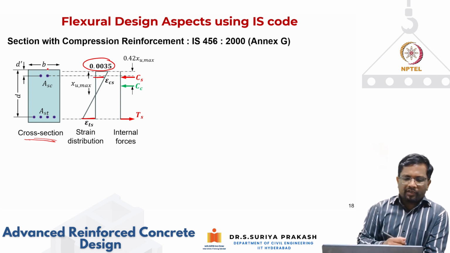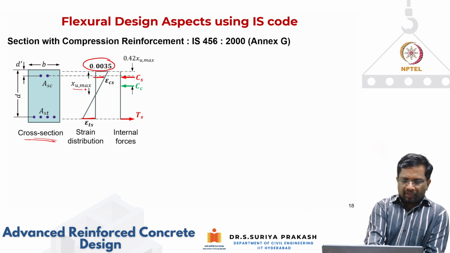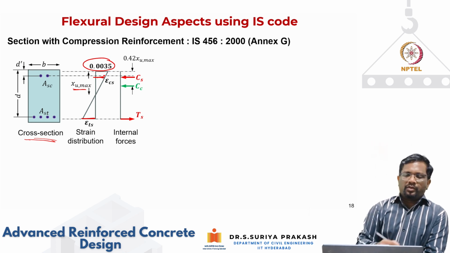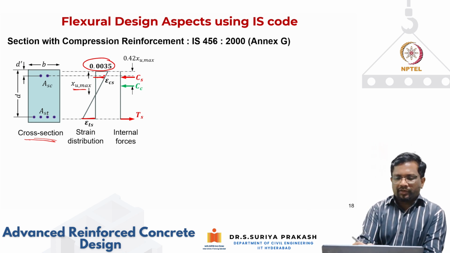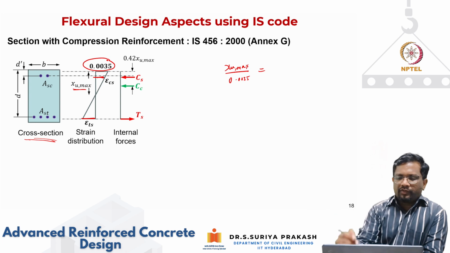Now you see, now that I have put some steel on the compression side at this condition, depending upon the neutral axis depth, I can calculate what is epsilon sc. Now what is epsilon sc? You can look at it. From your neutral axis depth, xu max by 0.0035, from similar triangle, should be equal to, what is the distance of the compression steel?